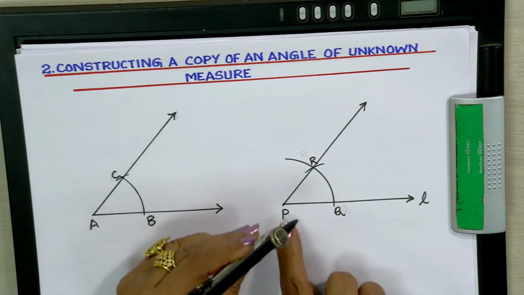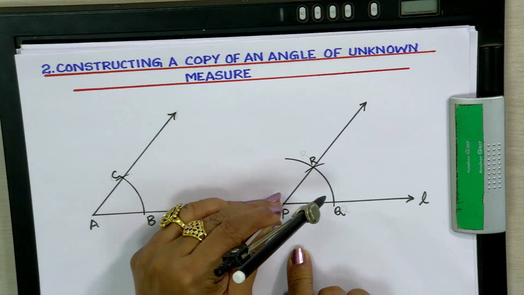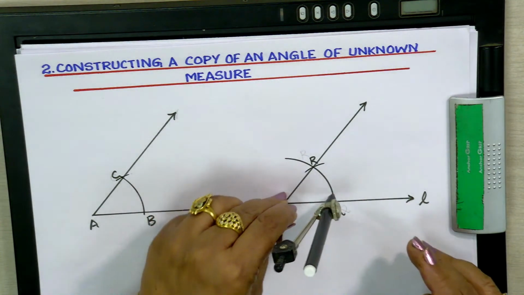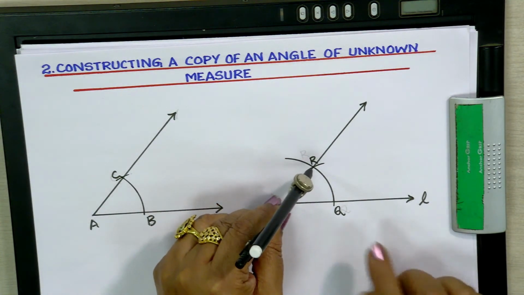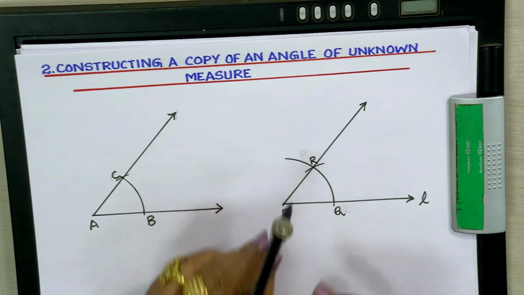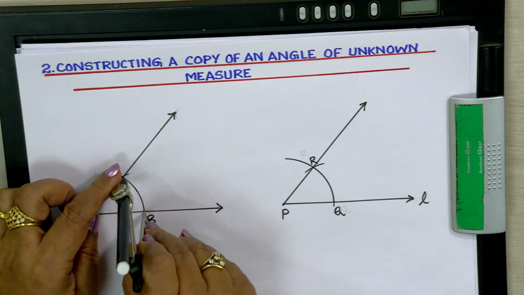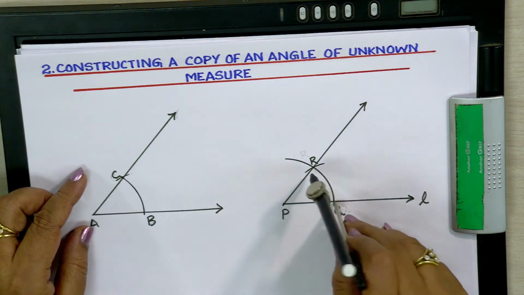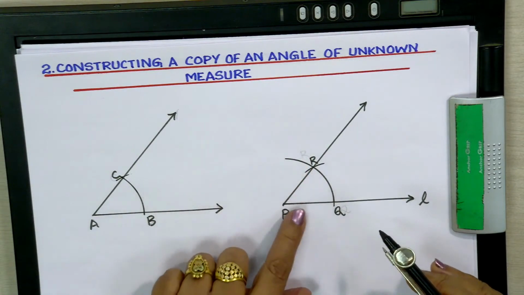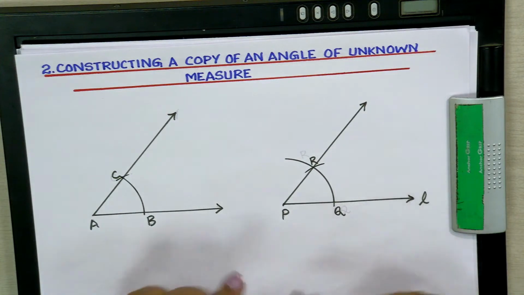Now, we had taken a line L here with a point P. When I place this point of compass on P and I will draw the arc in this manner to cut the line at point Q. After that, we will measure the angle width, that is BC here, and we will cut this arc at point R, and then we join PR to get the copy of the angle which was given to us. I hope it is clear.